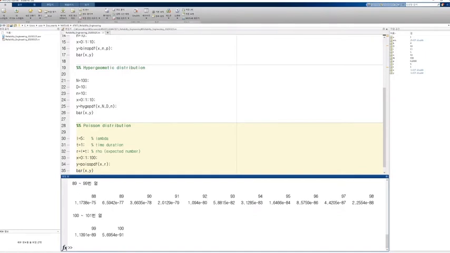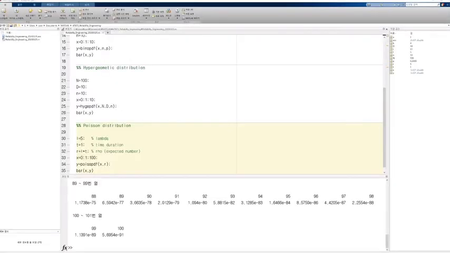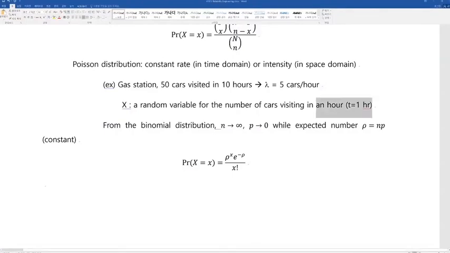This was the example that we just dealt with, the gas station and the number of cars visiting for the next 1 hour. So Poisson distribution can be applied to such situations.